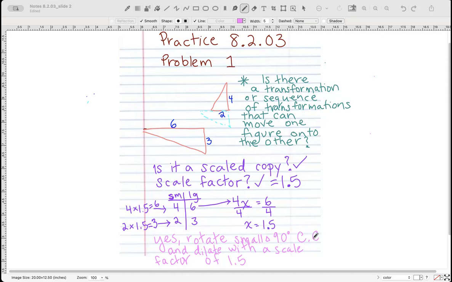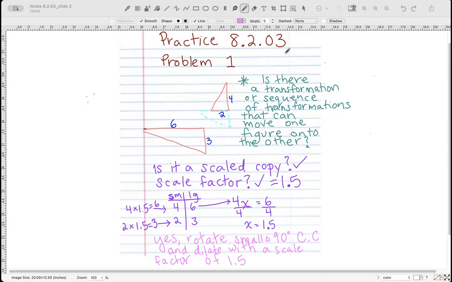You could even just leave it as 4/3, but that would be 1 and 1/3. And so there's not a scale factor because this side and this side don't have a scale factor of 2. So 3 times 2 would be 6. So this little L is longer this way than this one as a scaled copy. So this is not a scaled copy. So the answer to this question would be no.